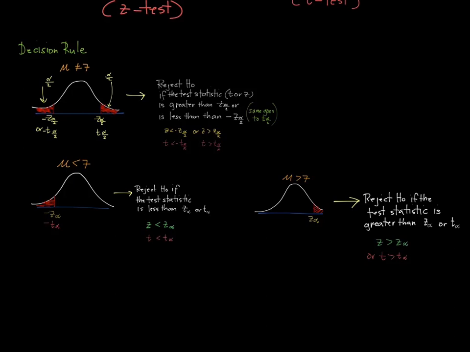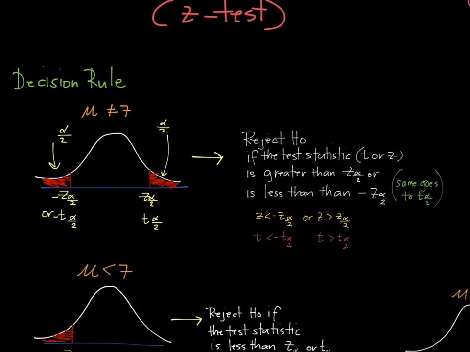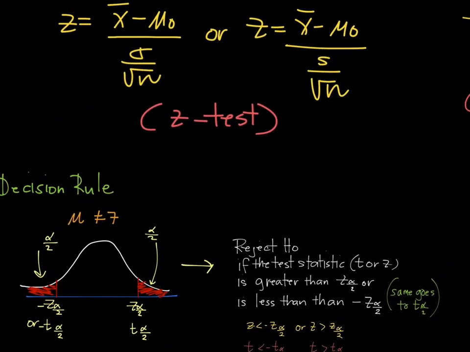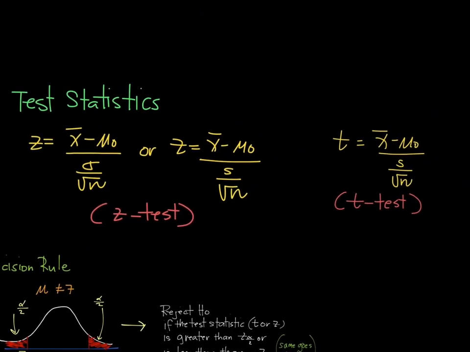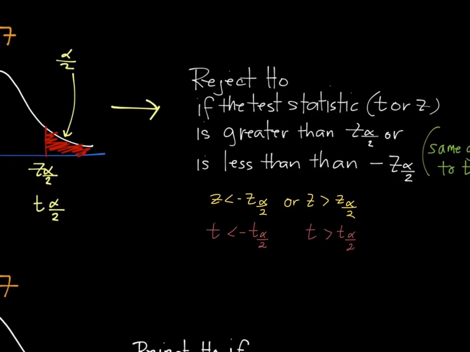And then we also learned how to set the decision rule, and the decision rule will depend first on what type of test you're going to perform. If it's a two-sided z or t-test, that means we only reject the null hypothesis if the test statistic, the value that you obtain when you compute using these formulas, is less than the negative z of alpha over 2, or if the z, the test statistic, is greater than z of alpha over 2.